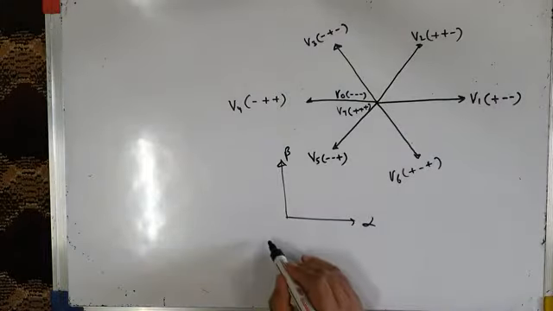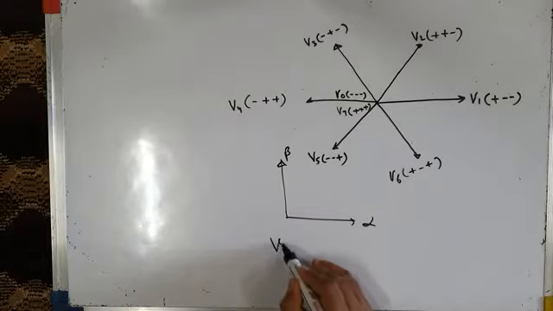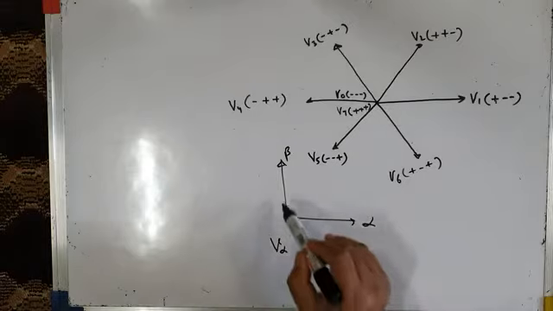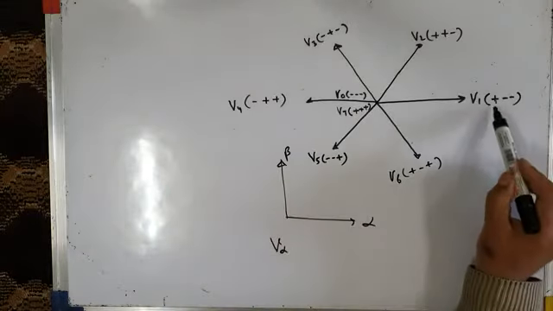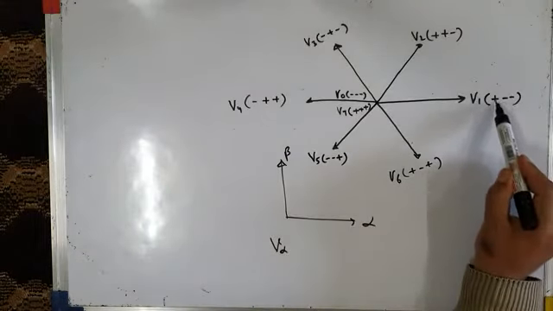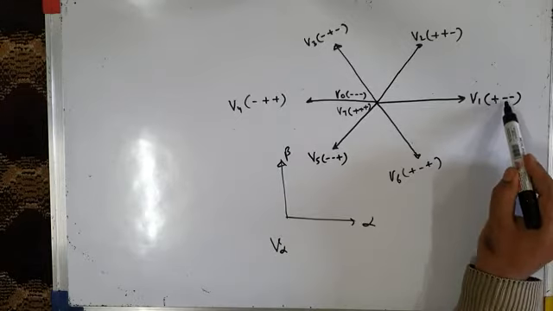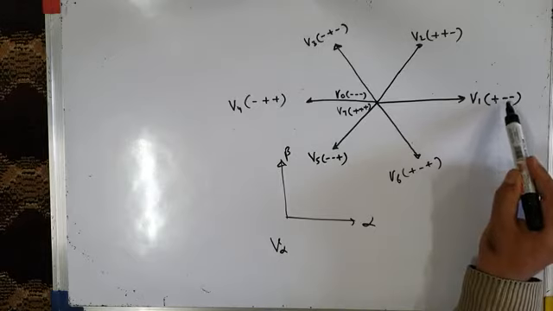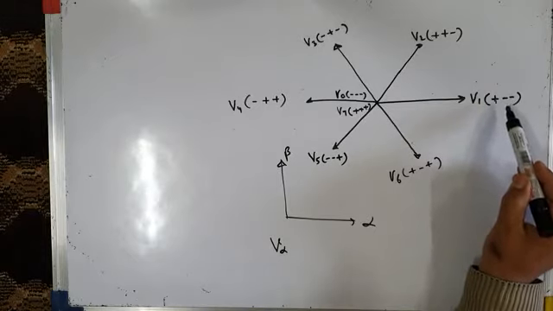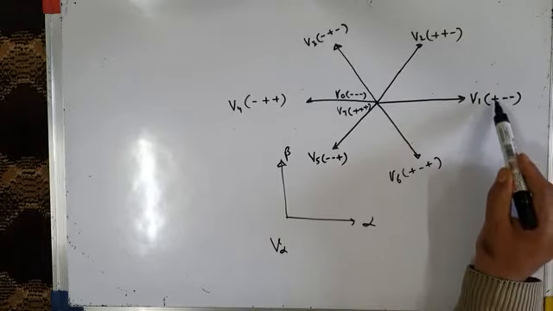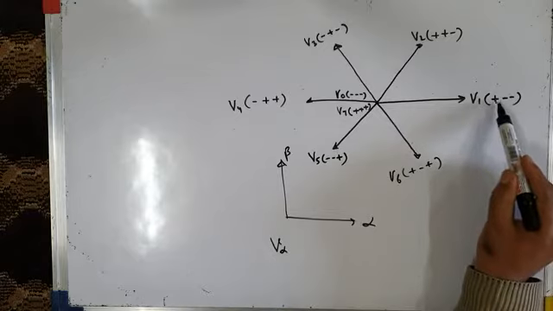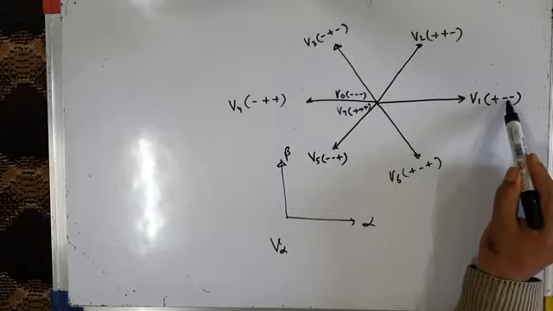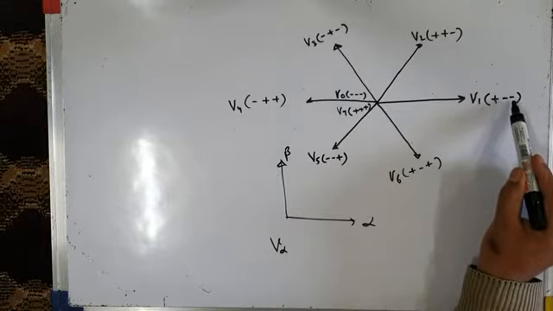I found the alpha component of voltage, and I found the beta component of voltage, because this plus minus minus means that phase R is at its maximum positive and Y and B phases are having negative voltage. And in a three-phase six-step voltage source inverter, it means that phase voltage VRN is 2 by 3 VDC, and VYN and VBN are minus 1 by 3 VDC each.